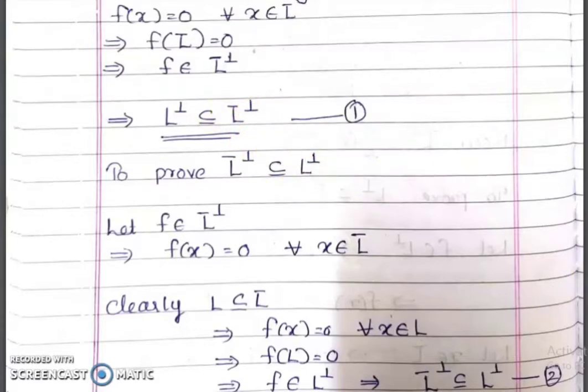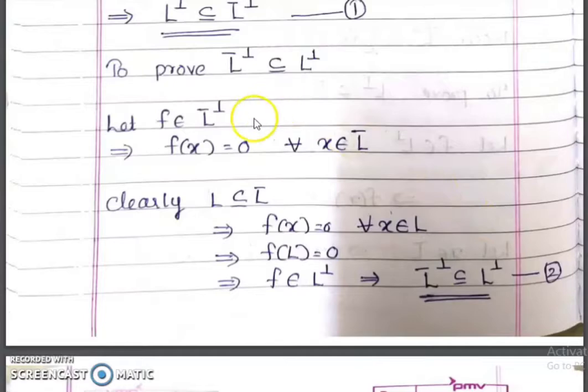For this you take some f belongs to L closure perp. This implies f of x equal to 0 for every x belongs to L closure. We know that clearly L is a subset of L closure. Therefore, f of x equal to 0 for every x belongs to L, because this is true for every x belongs to L closure. This implies f of L equal to 0.